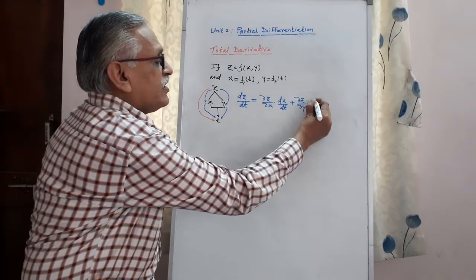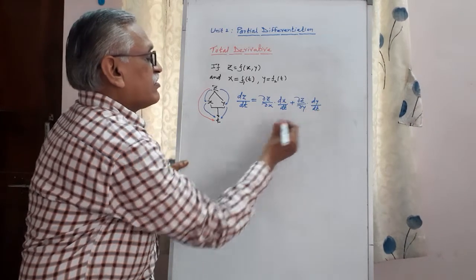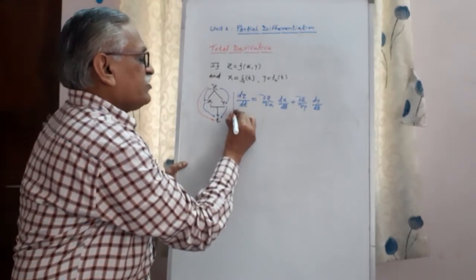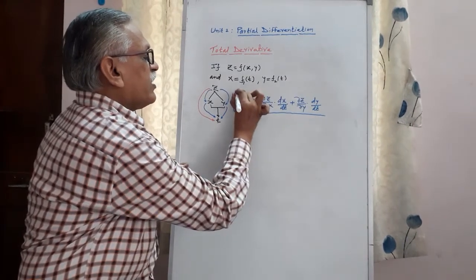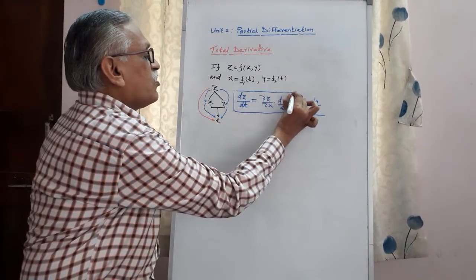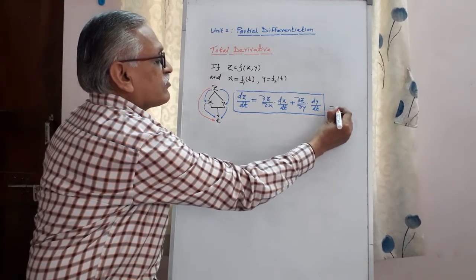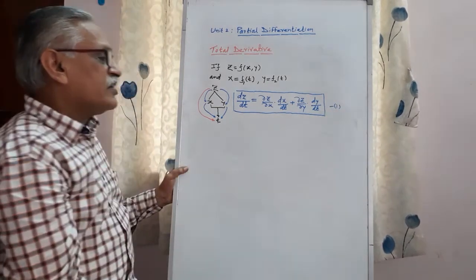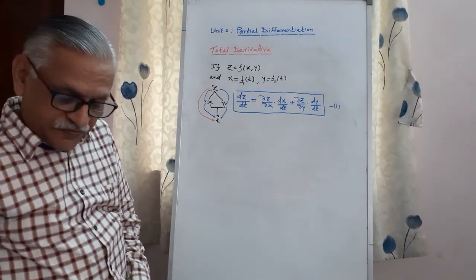Therefore, it is dy by dt. Whatever result we are getting is called the total derivative of z with respect to t.